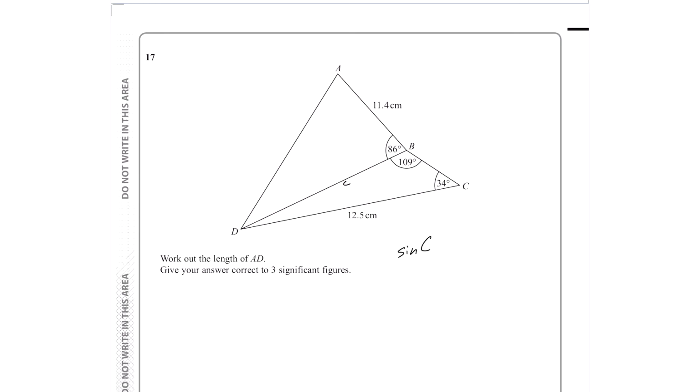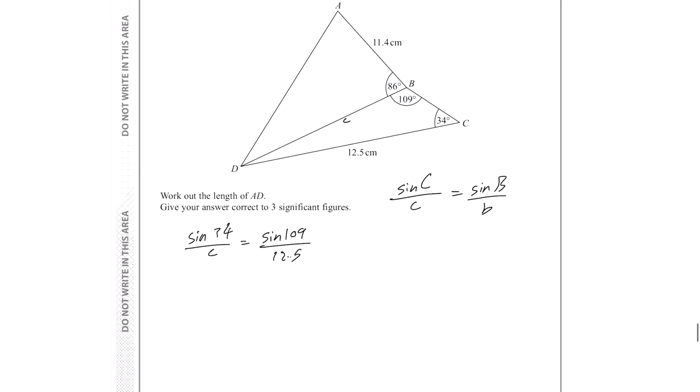You can start thinking of the sine rule: sine C over C is equal to sine B over B. So if you use those rules, we have sine C, which is 34, divided by C, which we don't know, and then we have sine 109 and 12.5.